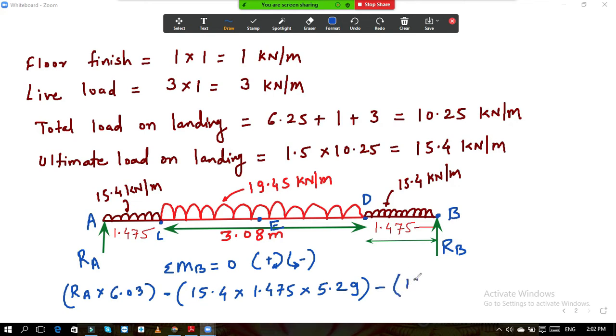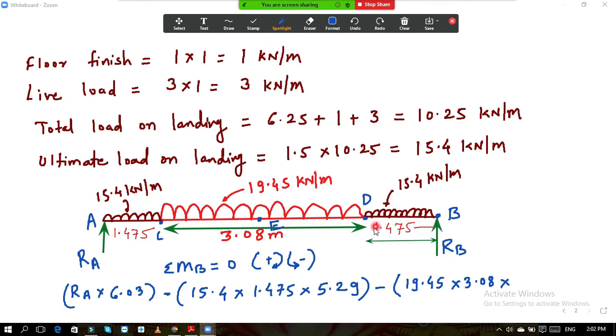Here again convert the UDL into the point load, and this point load will act at the center of this. So at the center means what? What is the distance from point B?